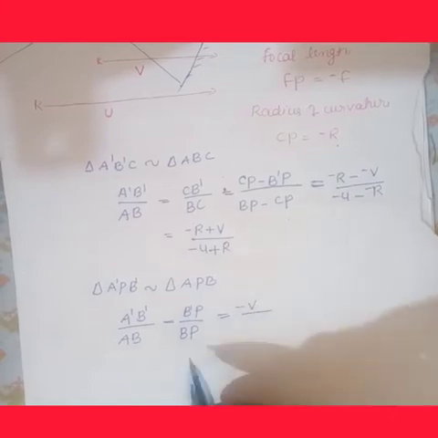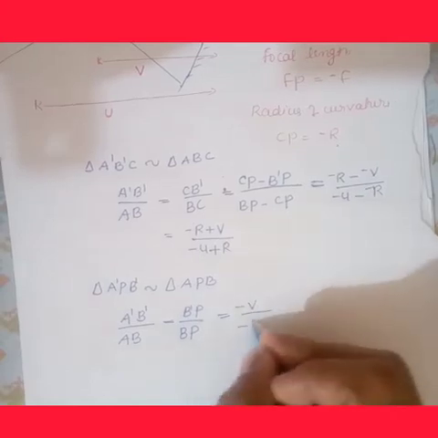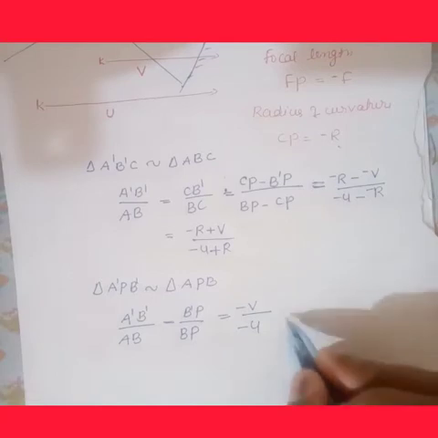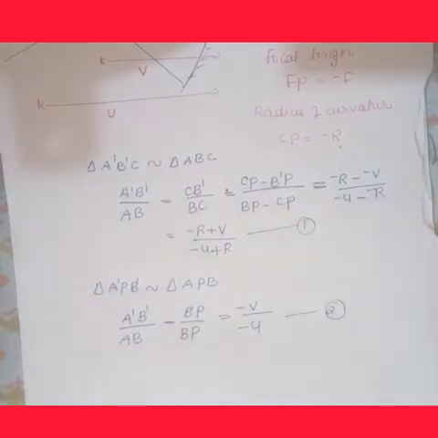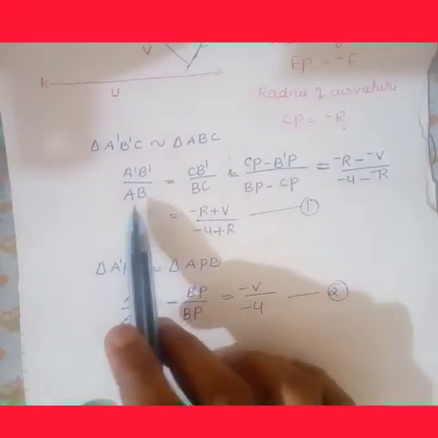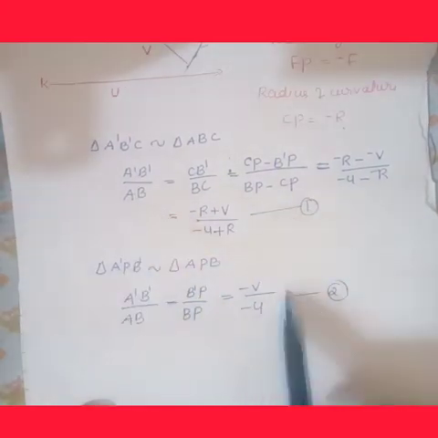Which is equal to, B'P is what? Minus V, divided by BP, which is minus U. So this is equation number 2, and the first equation is this one. So see, these LHS sides are the same, so the RHS is also the same.